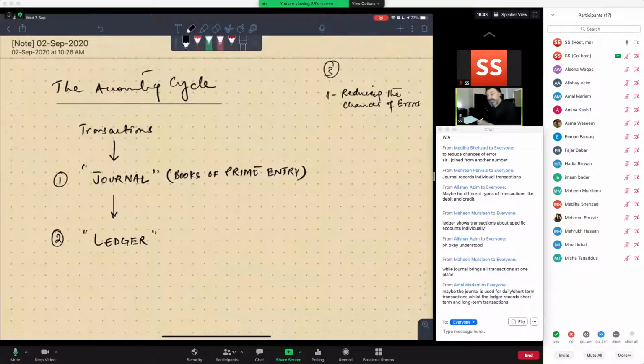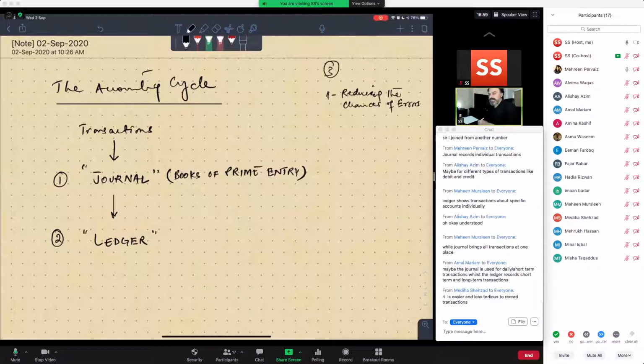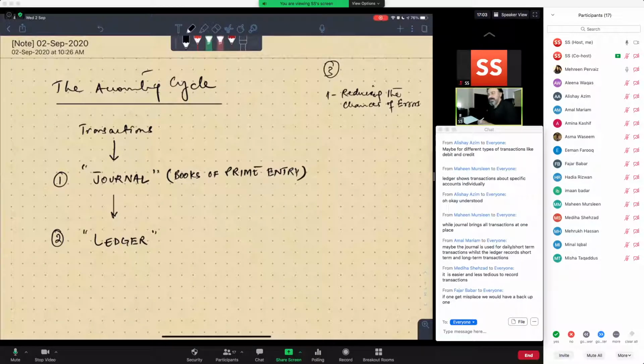Amal, every transaction, whether it's short-term expenditures on assets or long-term expenditures on assets or short-term expenditures on expenses or whatever, every single transaction, regardless of the nature of transaction, regardless of the type of transaction, is going to be recorded in both the books. Basically, we are making two copies of the same set of transactions. The question is, why do we have to?